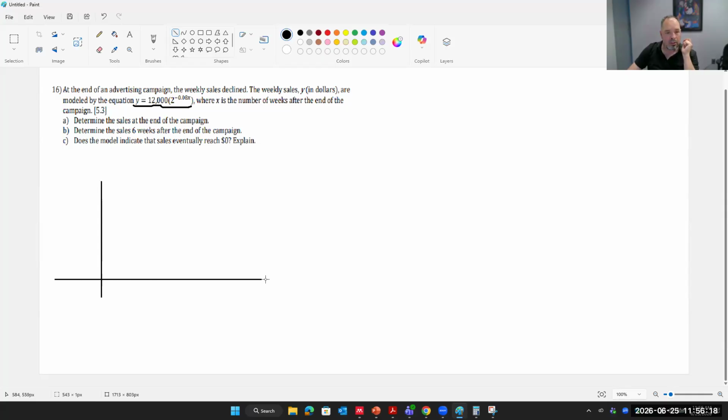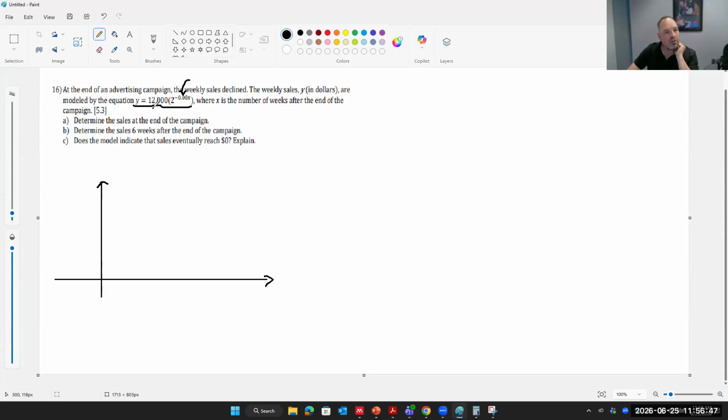What you have to realize, what's required of you in terms of understanding initially, is that this minus 0.08 that you see up here is indicating an exponential decay function.